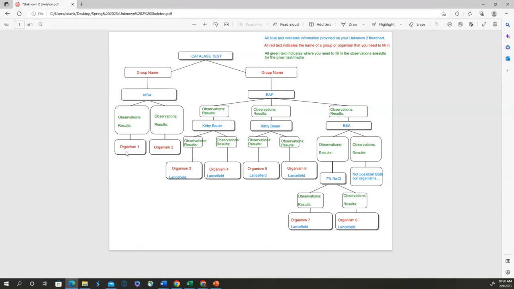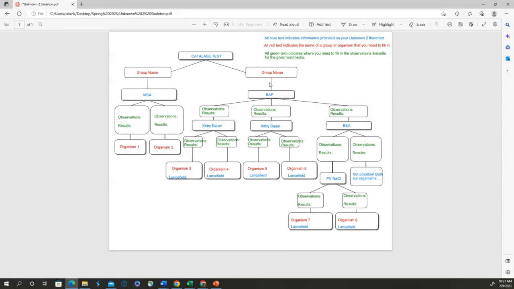That is one pathway because this one path led me to this one organism. A second path, right, catalase to MSA, but these observations and results, that's a second path that leads me to a second organism. So each path ends in an organism, right? This is the last box in this first pathway. This was the last box in this pathway, okay?